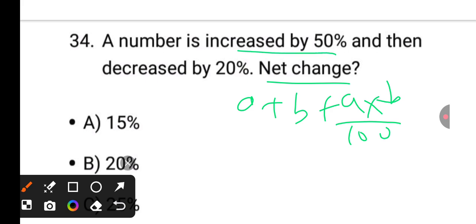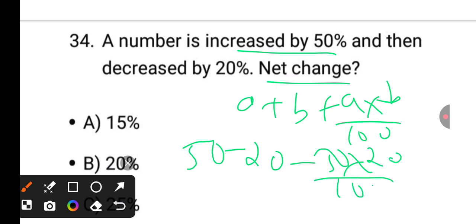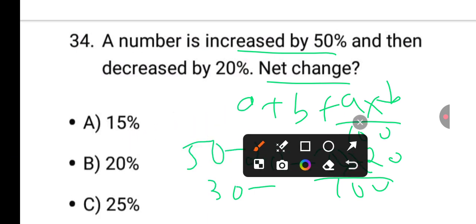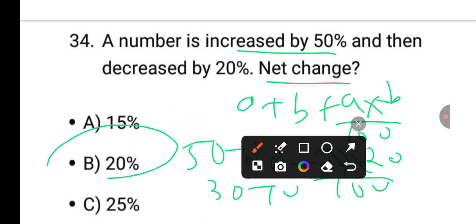See, increase means 50%, decrease means minus 20. Again it is minus 50 into 20 divided by 100. See, it is 30 minus 10. Okay, it is 20%.